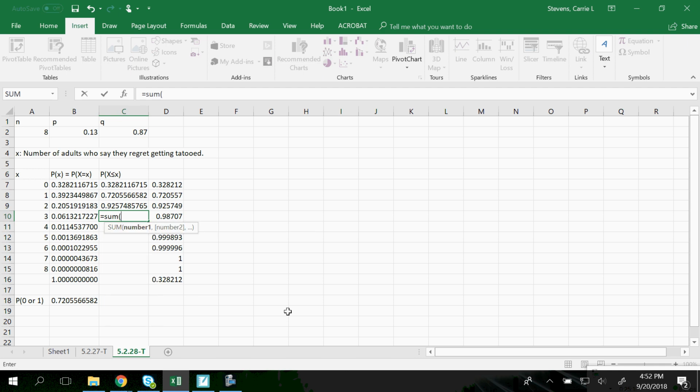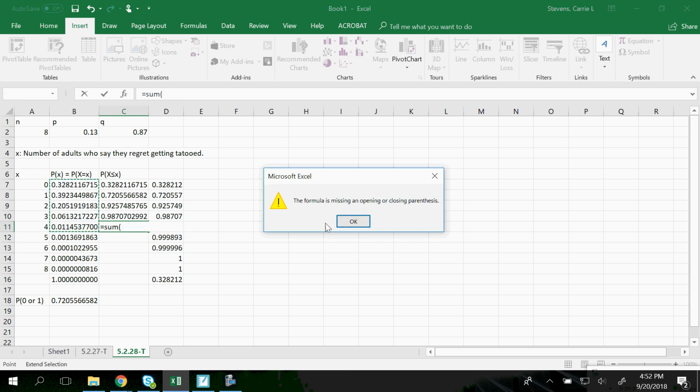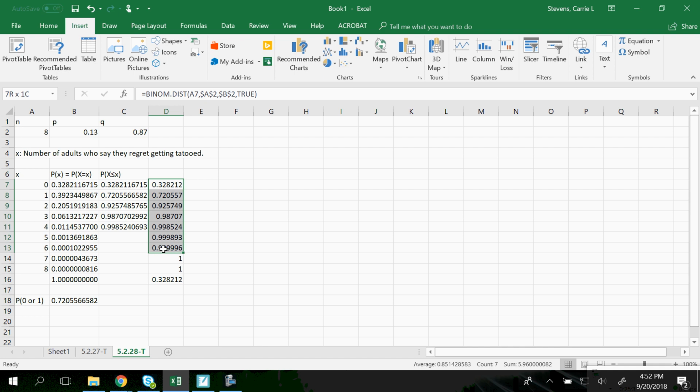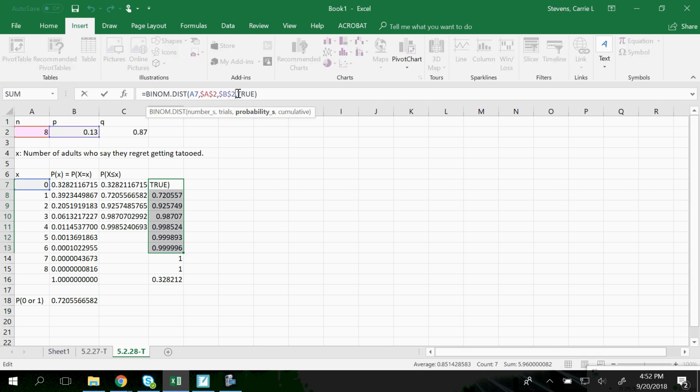I did the sum of 3 or fewer. Sum of 4 or fewer. Oops. Hit something funny. Here we go. And you can see how they're all matching up here. So the binom dot distribution formula, when you choose true, gives you cumulative probabilities less than or equal. So it's cumulative from the left.